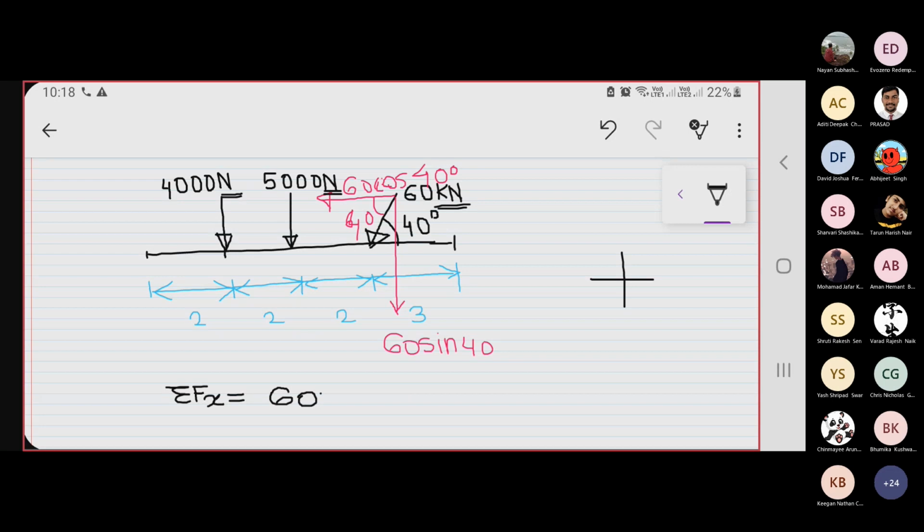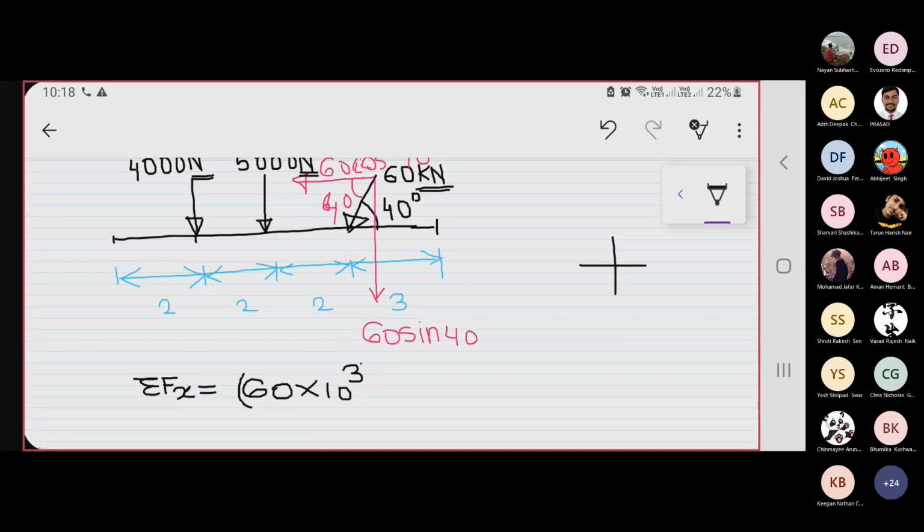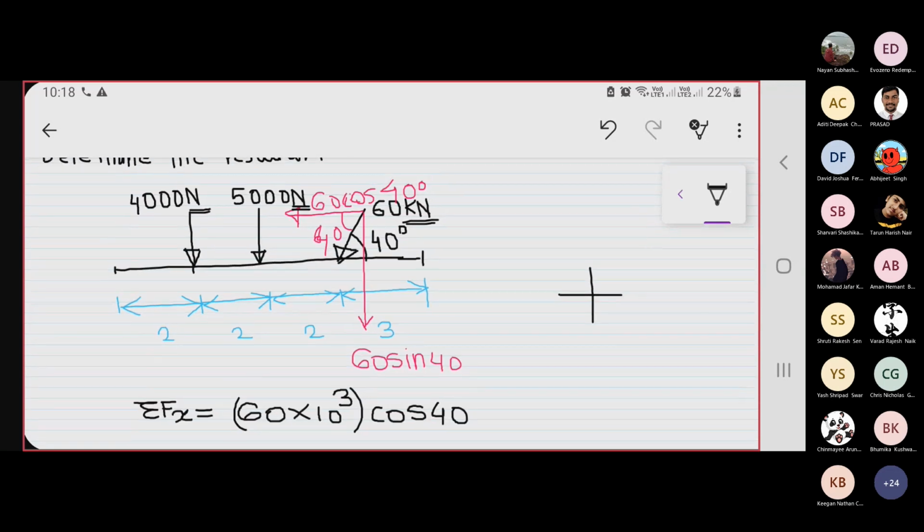So 60 kilo means 10 raised to 3, cos 40. Only this force is horizontal. Is any other force horizontal? No. Now let's do summation of forces in y direction.